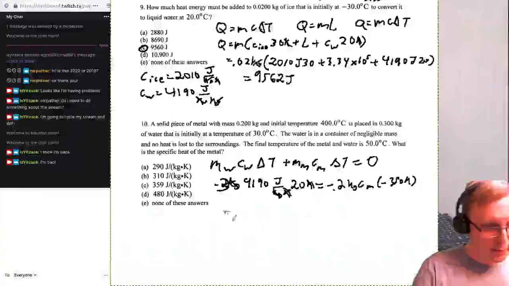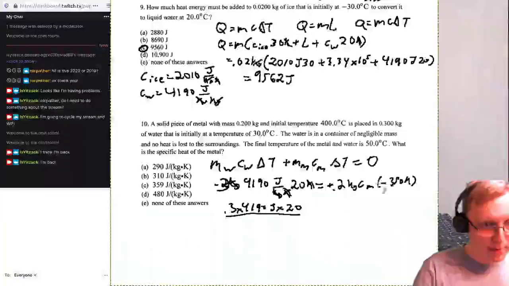So then we have 0.3 times 4190 joules times 20 divided by, we cancel that minus, 0.2 kilograms, 350 Kelvin.